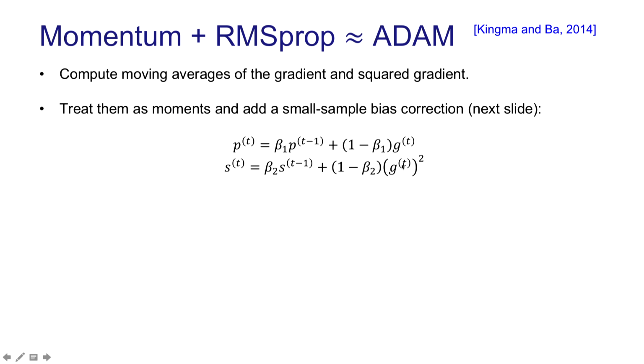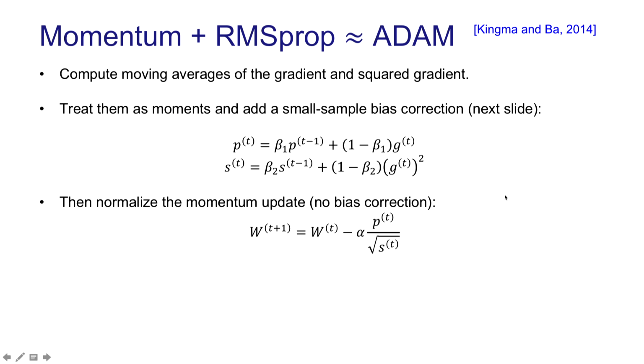So you can just compute both of those. They're both estimates of moments, where a moment is an estimate of a quantity or its powers. And then the new update, which would now have both momentum and coordinate scaling, would look like this. So there's the momentum estimate, and there's the coordinate scaling estimate, again with the square root.